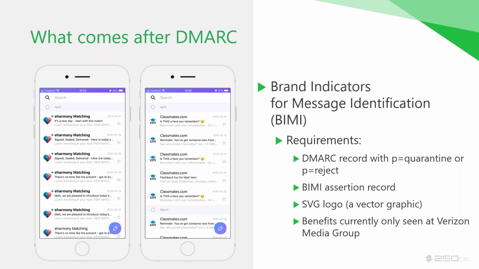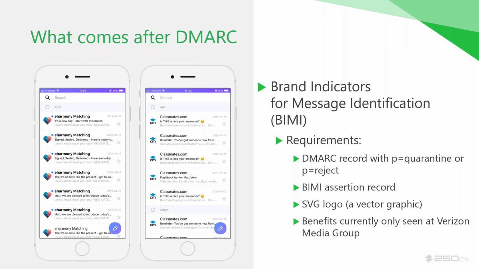And in order to qualify, you have to publish a BIMI record. You have to have an SVG vector graphic logo that's square, as well as you need to have a good reputation and send volume through the solutions to the various mailbox providers.